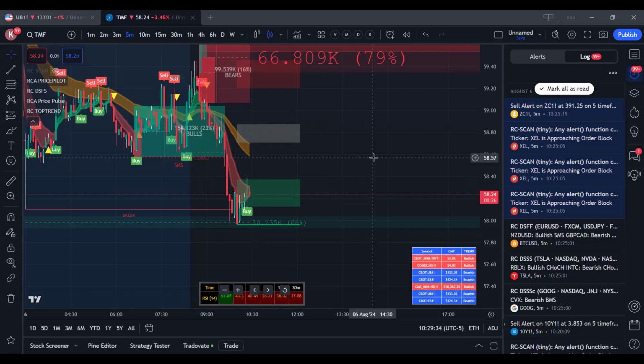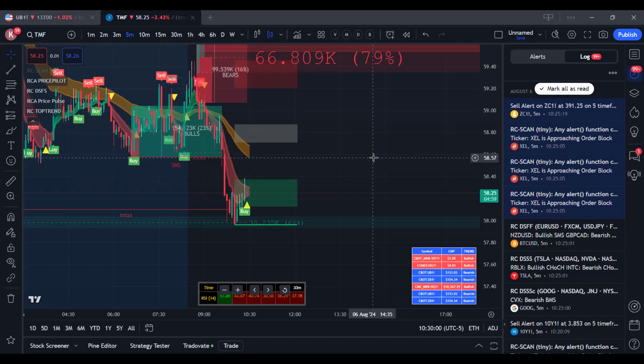But once we see a strong setup, then as I told, you can make money with UB long. You can make money with ZB long. You can make money with ZT long. You can make money with 10 years short. You can buy TMF calls. You can sell TMF puts. You can buy TMV puts.